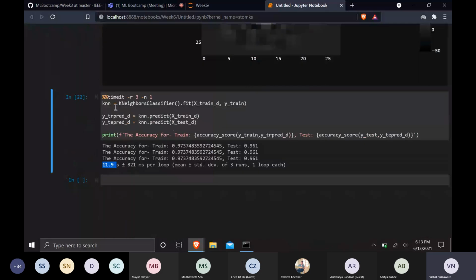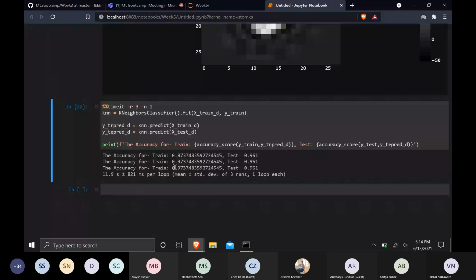This may not be true for the accuracy part, may not be true for all datasets, but for this MNIST dataset, I don't know why, but it's true. Your training accuracy with decomposition is 0.9737, and without decomposition it's 0.9728.